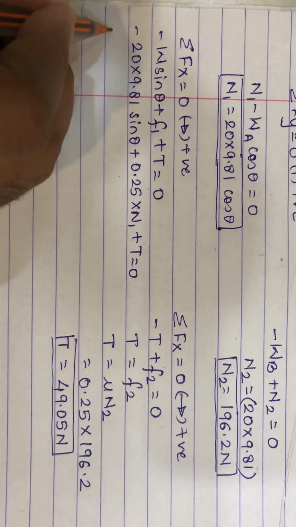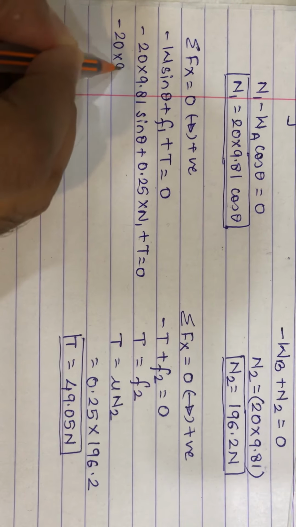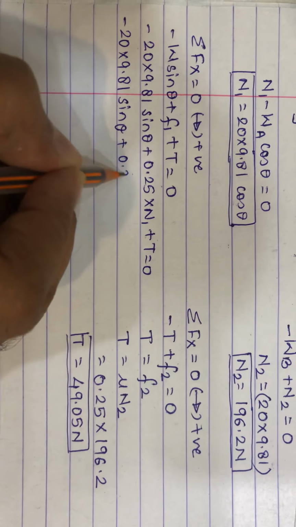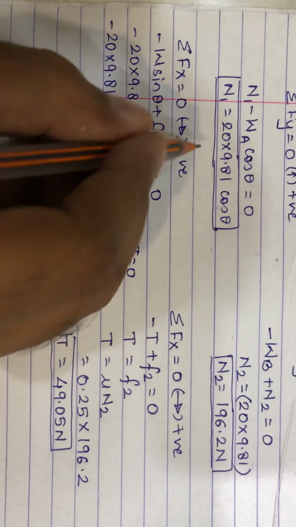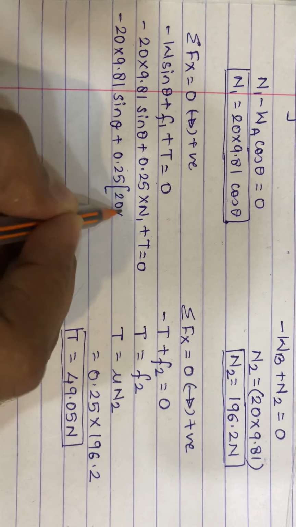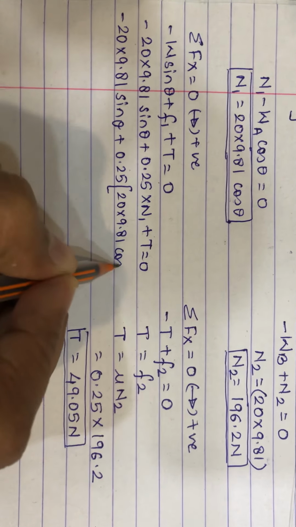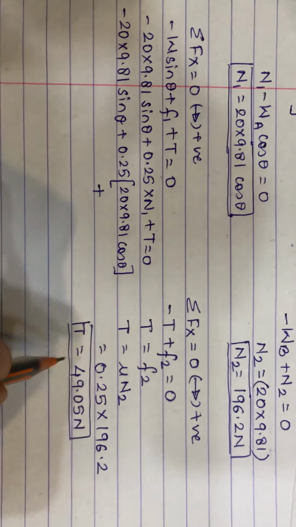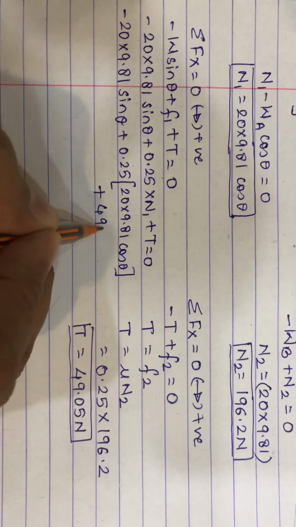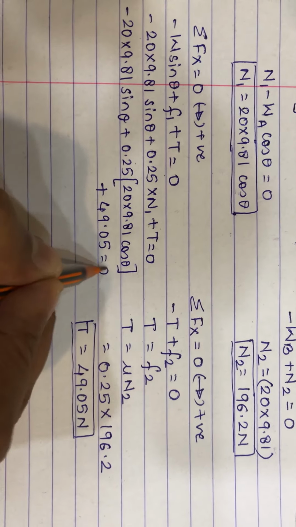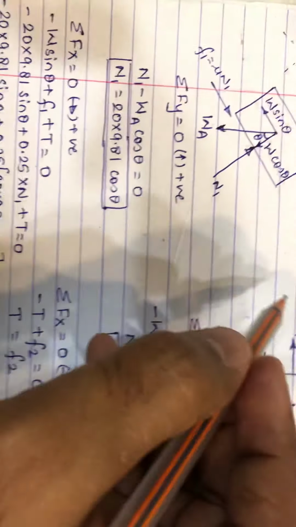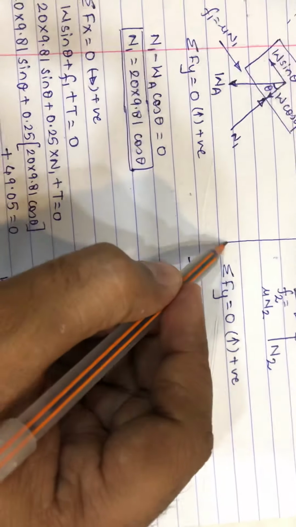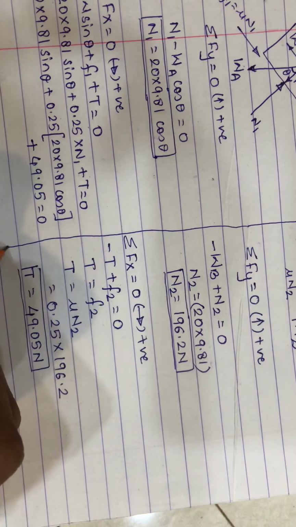Now we write minus 20 into 9.81 sin theta plus 0.25 times N1, which is 20 into 9.81 cos theta, plus the T value, 49.05, equals 0. As the calculation is in two parts, I'll just divide this.